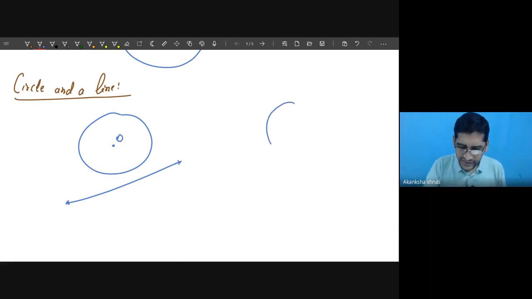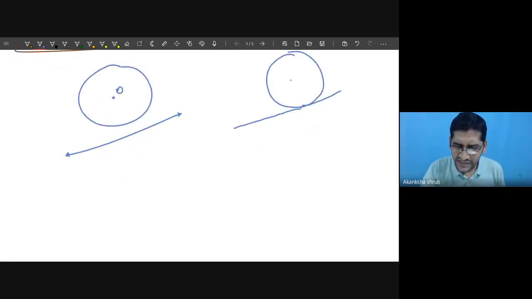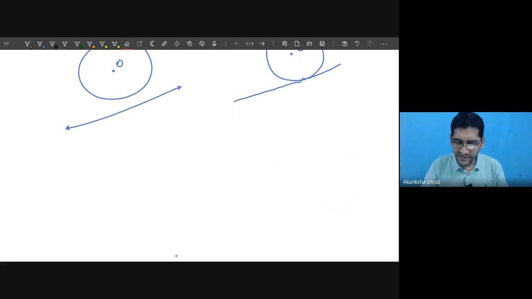Second, it is possible that this line is just touching the circle at only one point. The third possibility is that this circle is intersected by a line at more than one point.